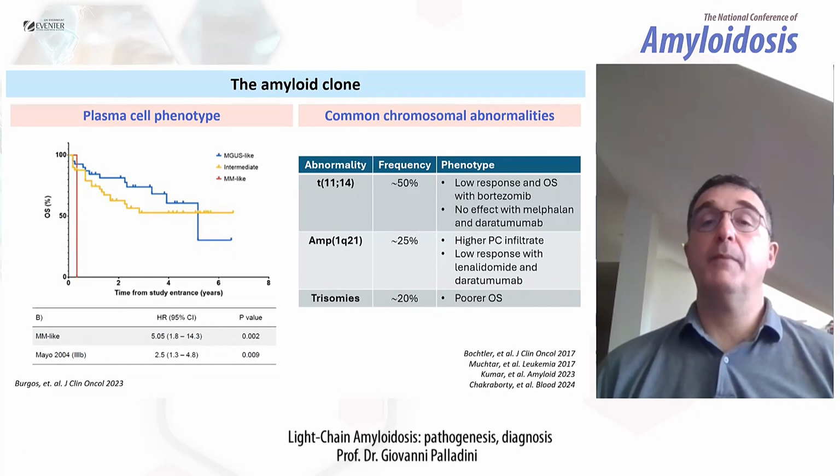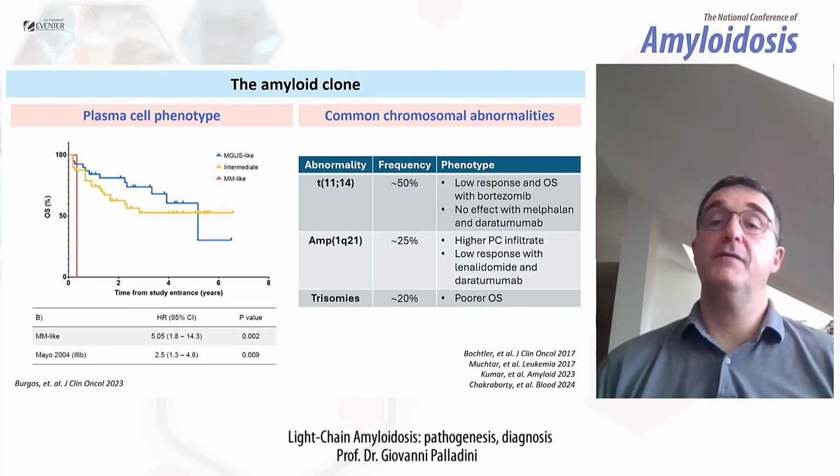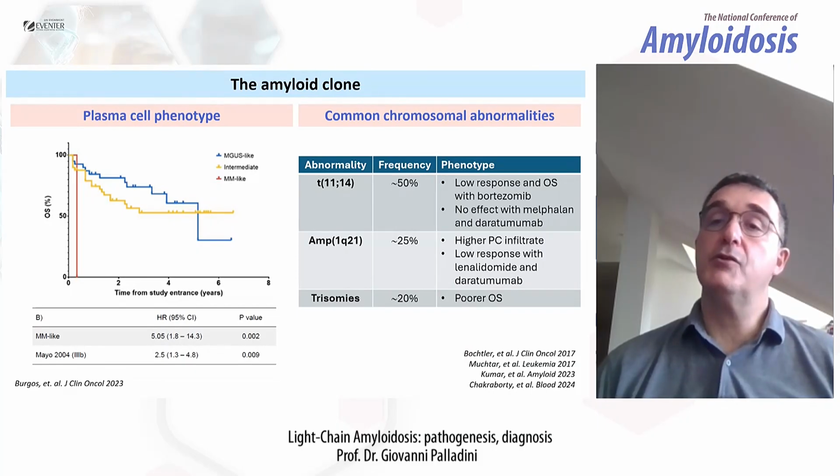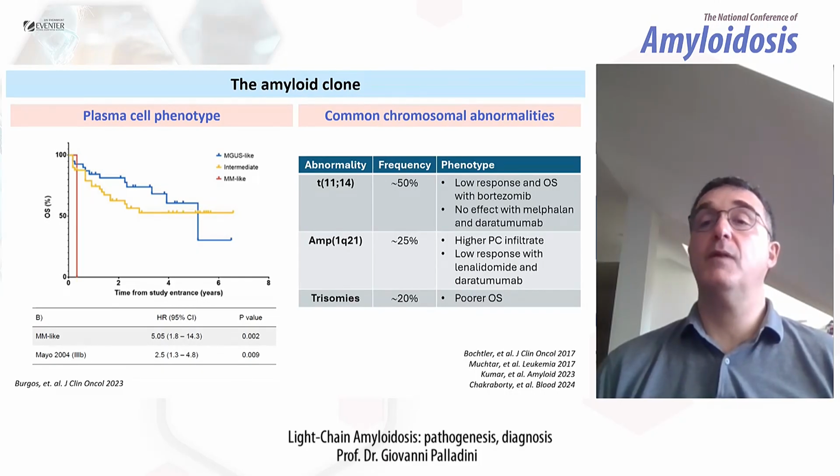And also chromosomal abnormalities are important. Translocation 11;14 is the most common chromosomal abnormality, seen in approximately 50% of patients. This is associated with low response and shorter overall survival with bortezomib, but there is no effect with melphalan and daratumumab.